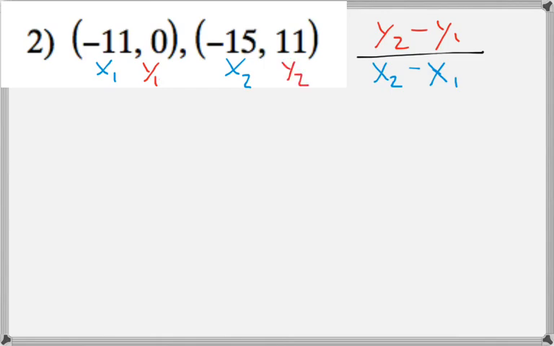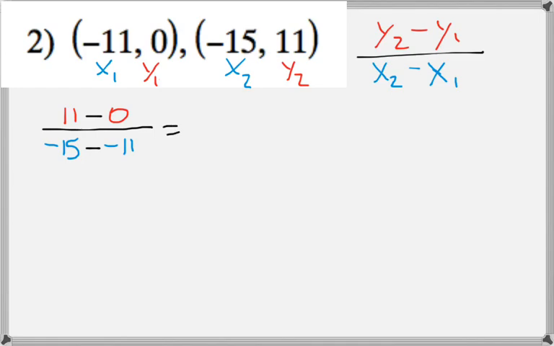Now that we've labeled our points, we can plug into the formula. So we take our y2, which was 11, and we're going to subtract our y1, which is 0. And all of that goes over our x2, which was negative 15, and we're going to subtract our x1, which is negative 11.